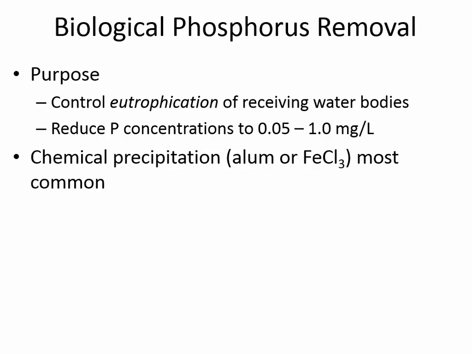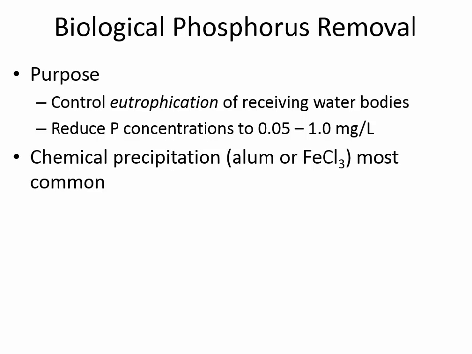One of the ways to get rid of phosphorus is just precipitate it out. We don't have to use biological treatment. If you want to use chemical treatment, phosphorus will precipitate readily, but the disadvantage with that is that you have to constantly buy the chemicals, and so that can be more expensive than biological removal. And then you have to dispose of the precipitate somehow.